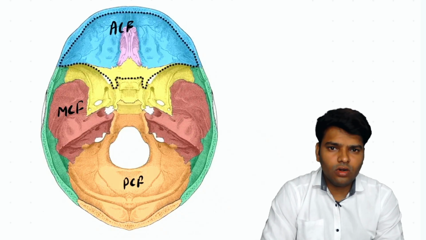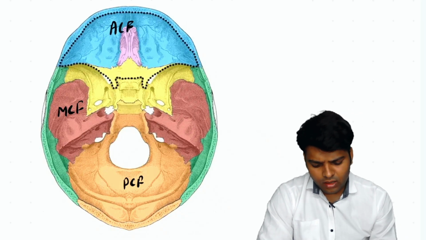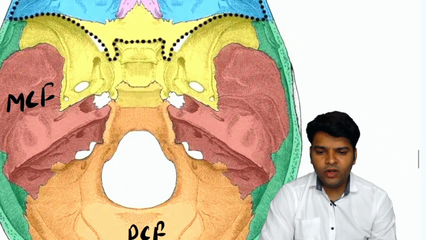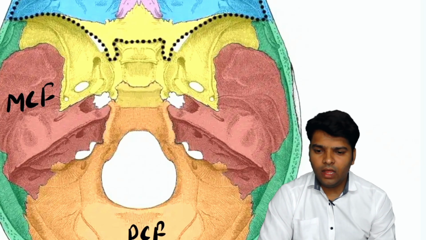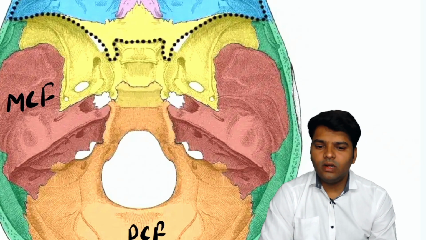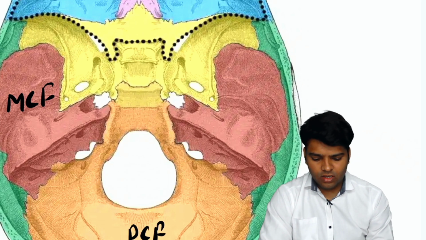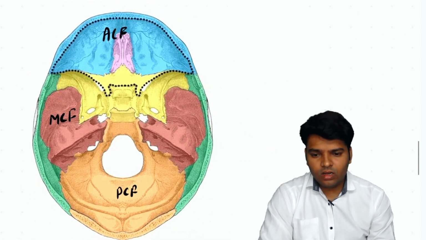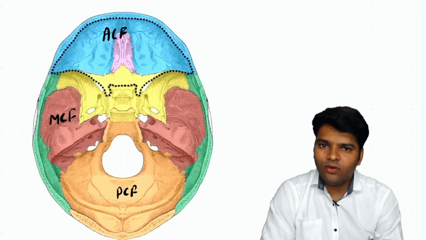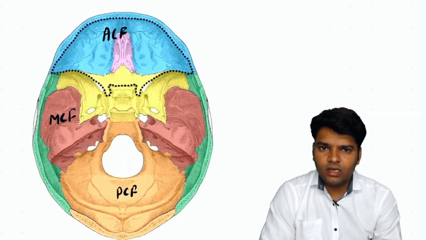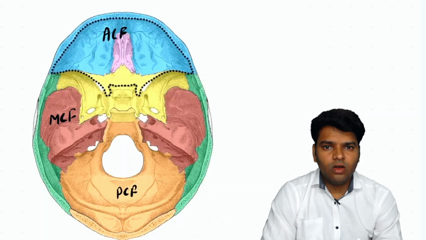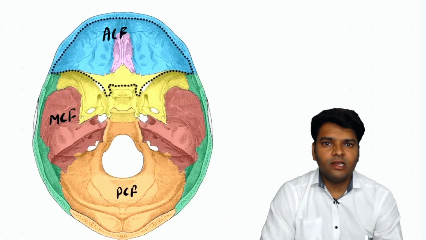I think you all are able to see that in these fossae some openings are present, and these openings are called foramina and fissures. I will teach you all the foramina, all the fissures, and all the structures which are passing through these openings.